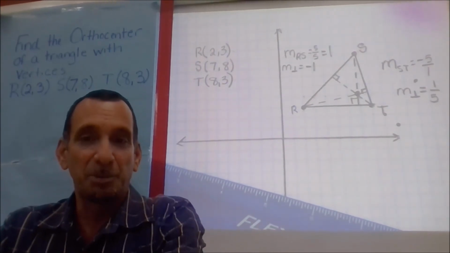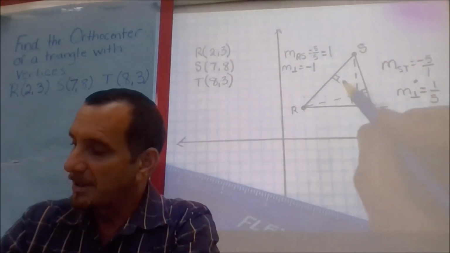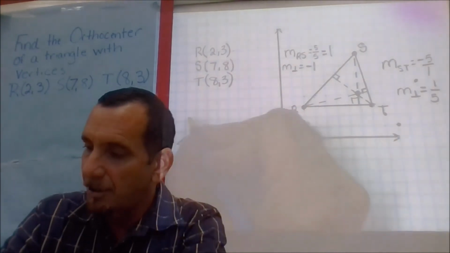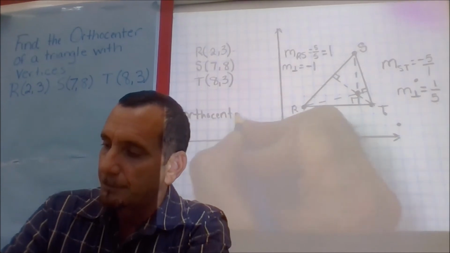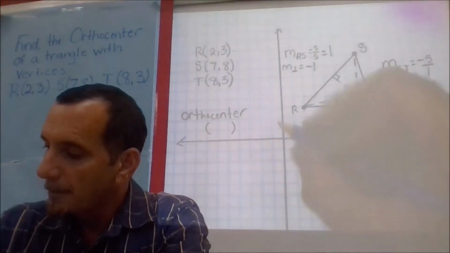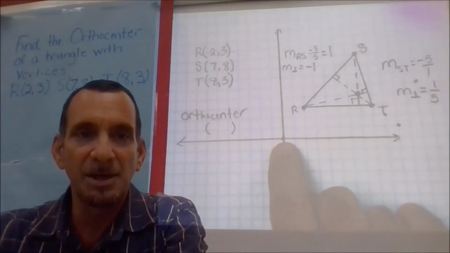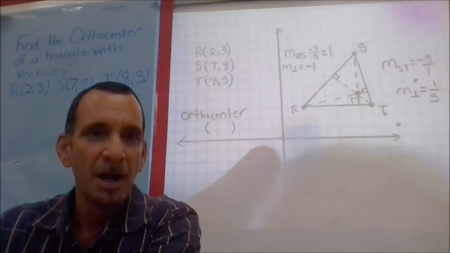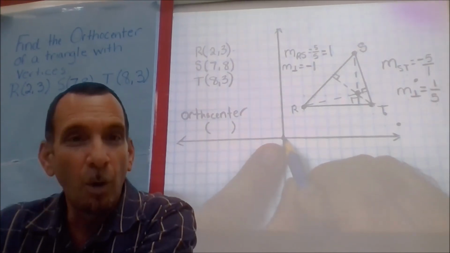Great. That was a pretty quick problem, except we have to finish it off because we want the coordinates of the orthocenter. So I'm just going to write it right on over here. Orthocenter. And this is where you have to be really careful because our coordinate system is here and we start at 0, 0. If they want the coordinates of the orthocenter, remember you have to find the coordinates with reference to the origin.